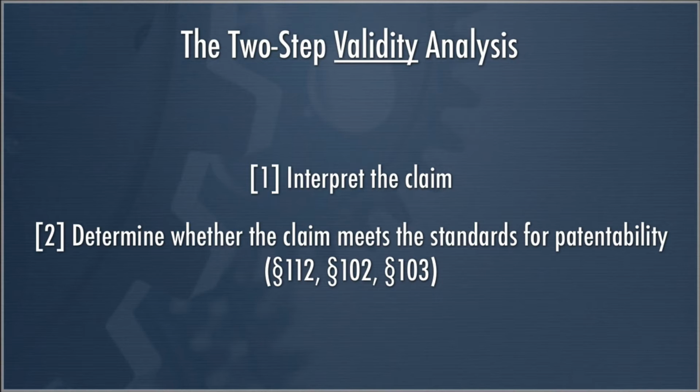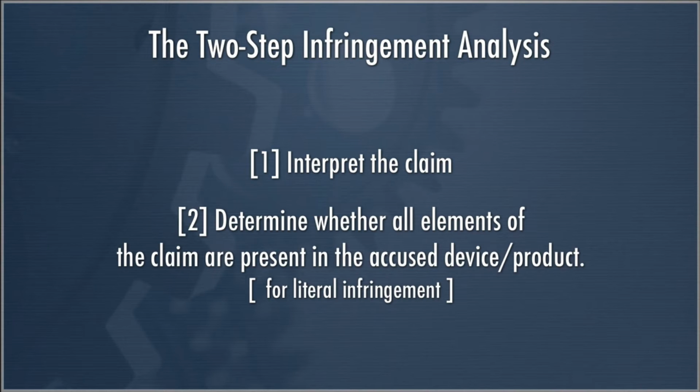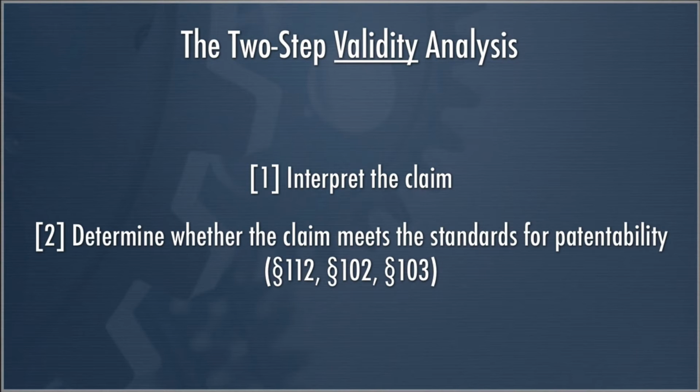And again, you will note that the key here is that you have to interpret the claim first to get at any of these things, right? And so it's both important for infringement and validity, in fact, central. In fact, not even central, it's the first step. You can't even do infringement or validity without having an analysis of the claim and understanding of the claim first.